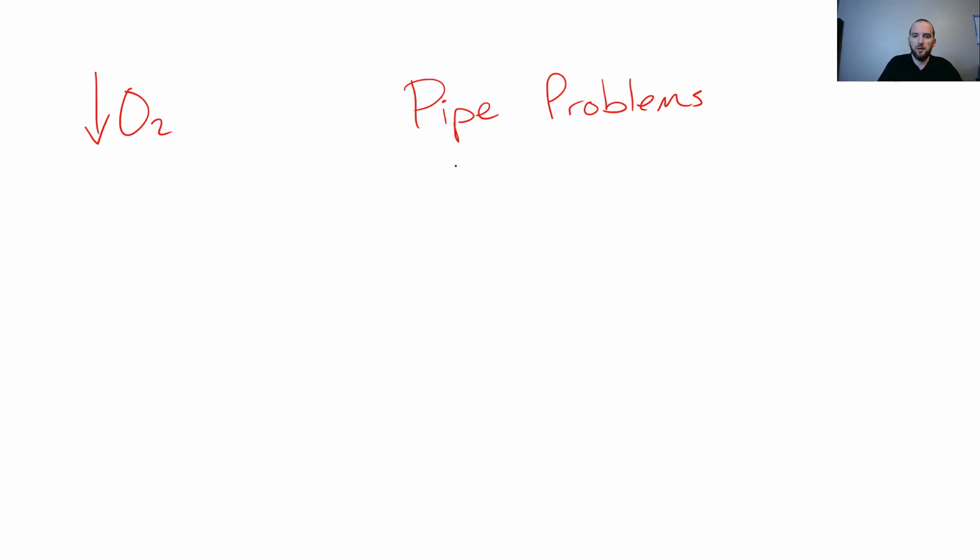So these pipe problems are all vasodilation problems. Those blood vessels are too big. If blood vessels are too big, the pressure going through them is lower. As the size of that container gets bigger, the pressure gets smaller.